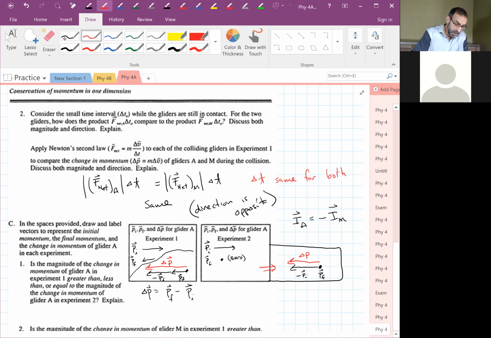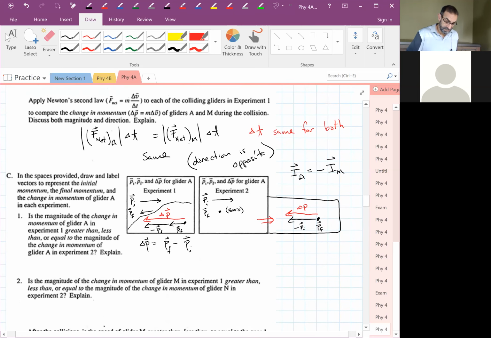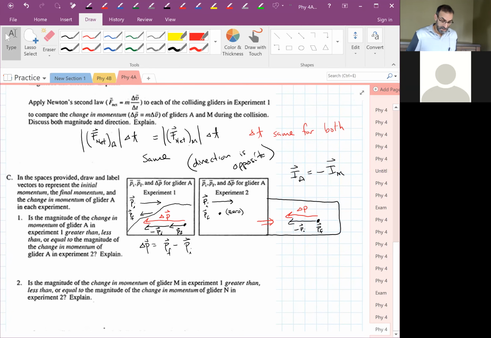Okay, so which one? We okay with that? It says, how does the change in momentum of M compare to the change in momentum of N?